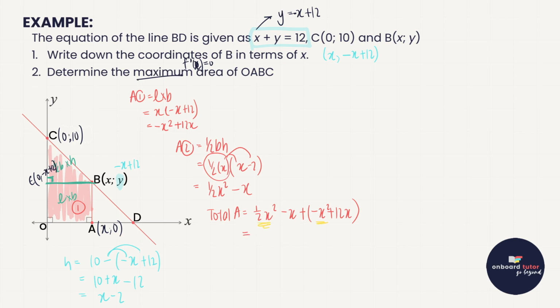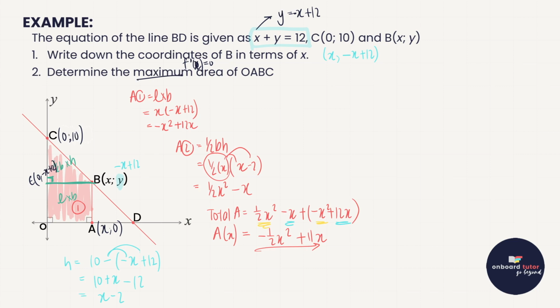So x squareds will go together, x's will go together. That's going to give us minus a half x squared plus 11x. Okay, I've got area as a function of x, which makes me very happy because now I can tell them what the maximum is.